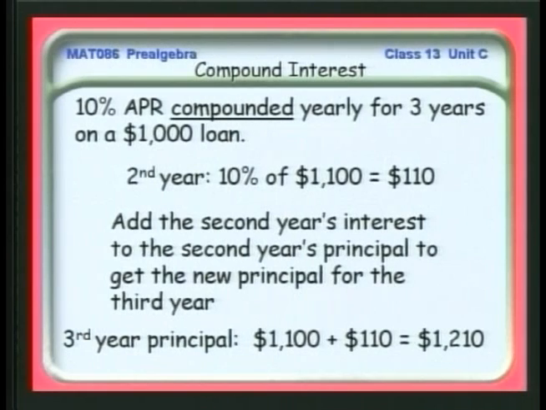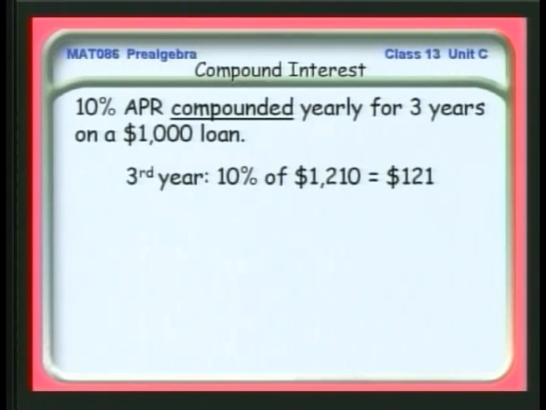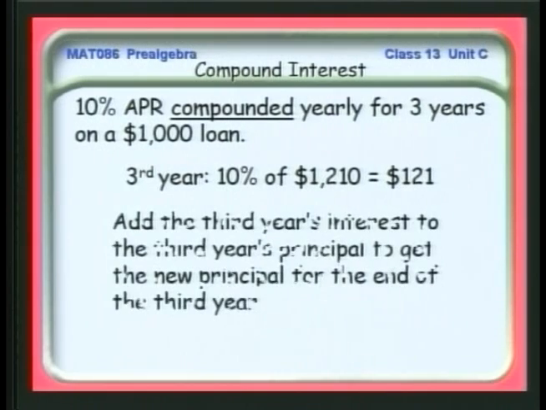That's $1,210. All right, now we take the 10% interest on $1,210, which includes the $1,000 and the interest that we've done previously, that's $121.